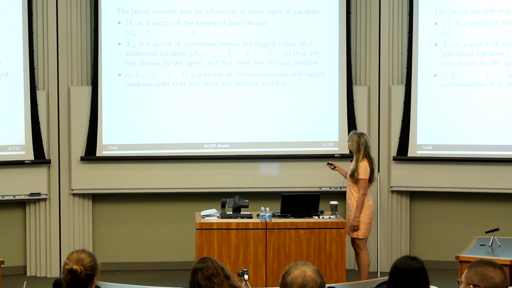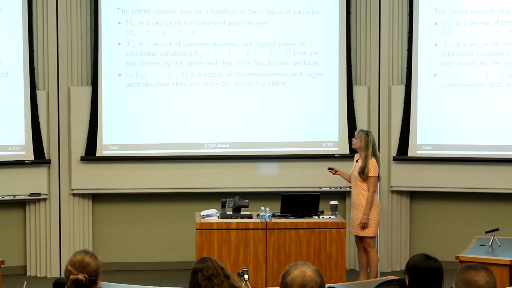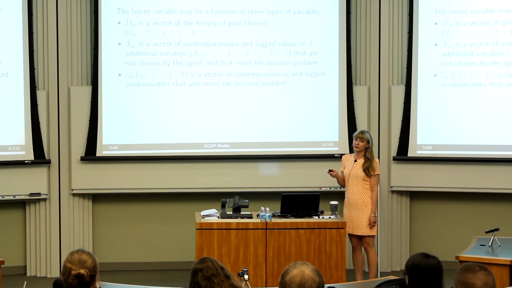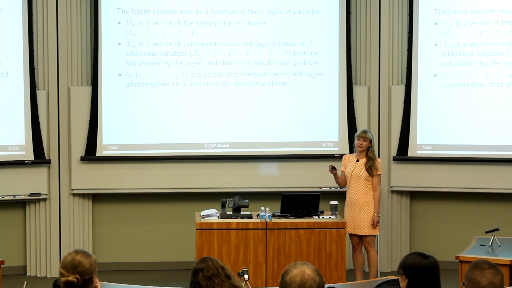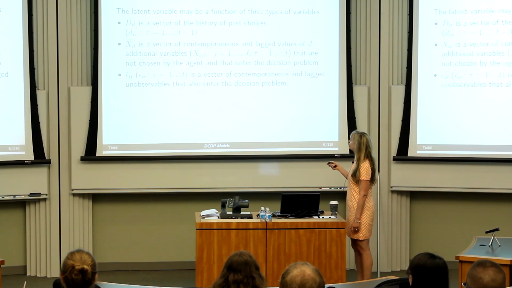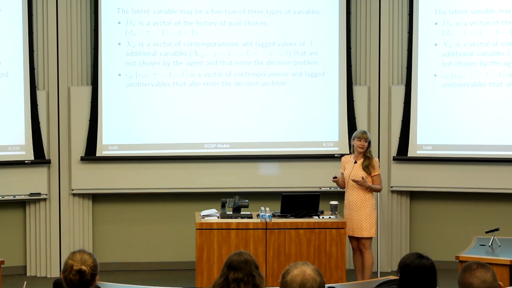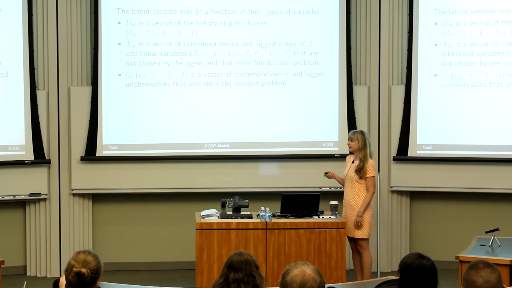Okay, and this latent variable V could be a function of different types of variables. One is that it could depend on past choices. So whether you worked yesterday could have an effect on whether you work today, for example. It could be a function just of some additional X variables. These might just be some features of the environment over which the person doesn't really have any power, so they're not making decisions.